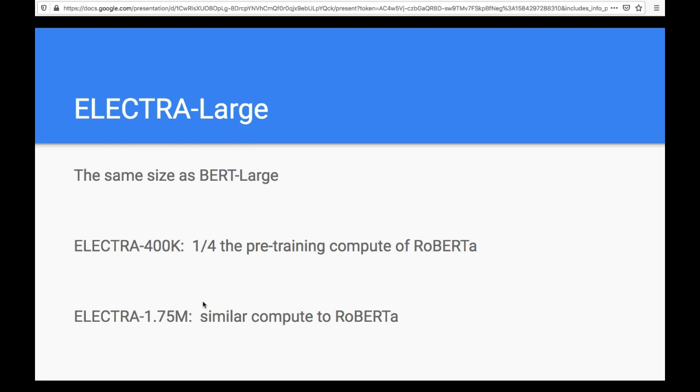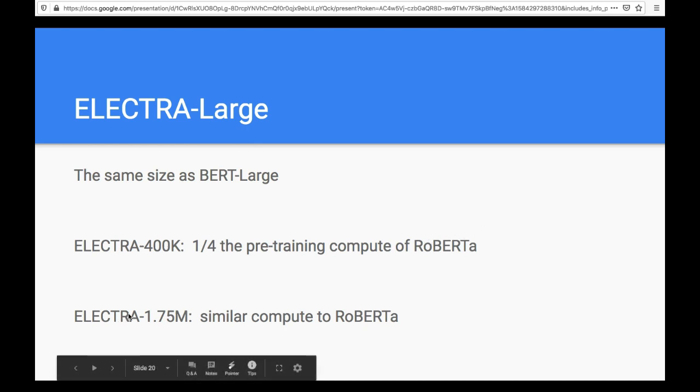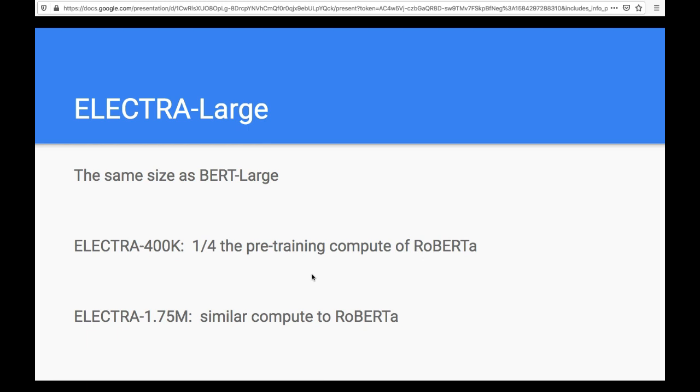They have different variations. One is trained for 400,000 steps, which is around 1/4 of RoBERTa, the large RoBERTa. And they also have the 1.75 million steps ELECTRA, which is similar to the compute of RoBERTa.